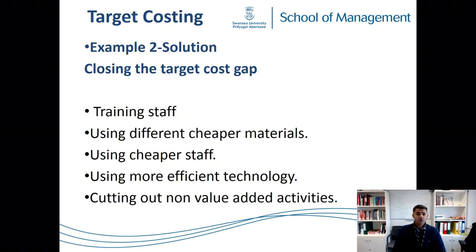Okay, we also need to look at cutting the non-value added activities. If you remember the value engineering concept, we need to focus on the features which the customer perceives. So these are possible suggestions you need to think about, and you need to write in the exam in order to reduce, or actually eliminate, the cost gap between the target cost and the estimated cost.